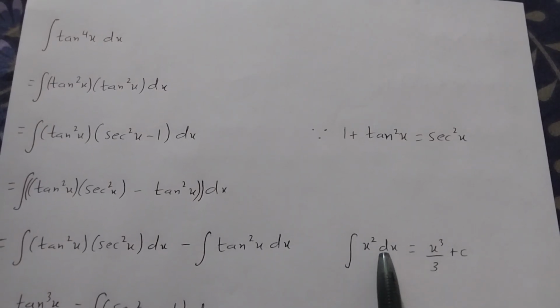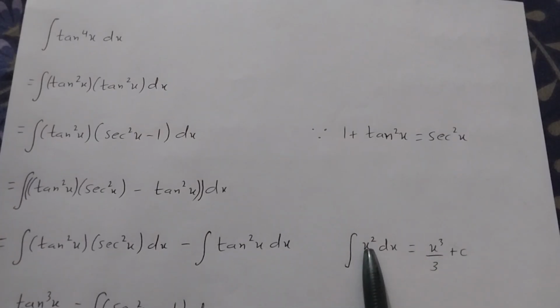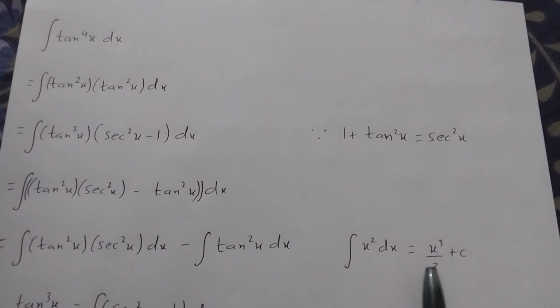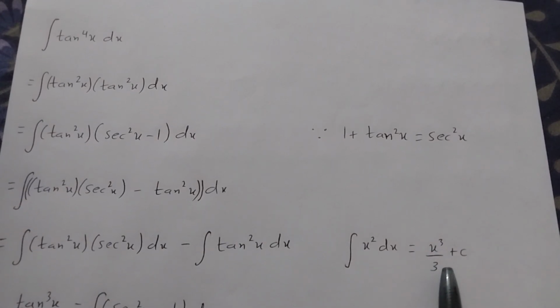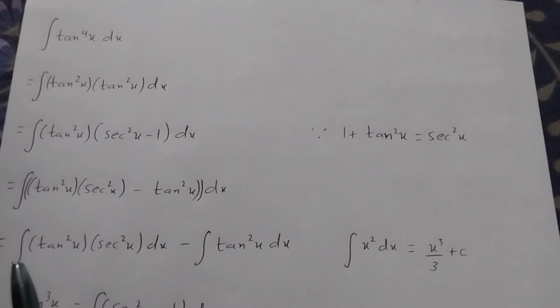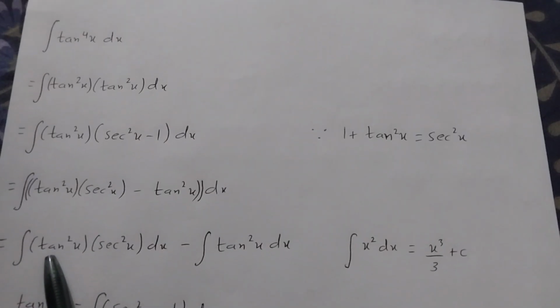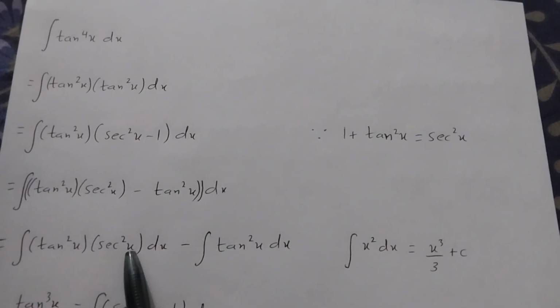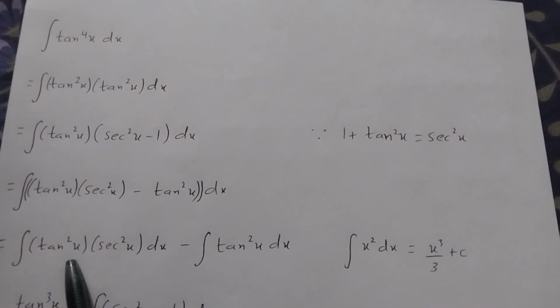The integration of x square, we add 1 to the power, it becomes x cube divided by the same power 3, plus the constant of integration. So in this case also, we have tan x raised to power 2 and its derivative written. So we will add 1 to the power of tan x and divide by 3.